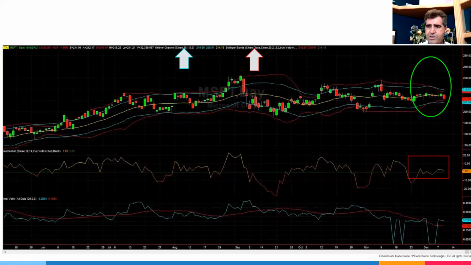So let's work on this. This is a chart from my TradeStation, and here I'm using the Keltner channel, which is in blue. Both of them use a 20 bar moving average. In this case, this is a daily chart of Microsoft, so we have a 20-day moving average, which is in yellow.